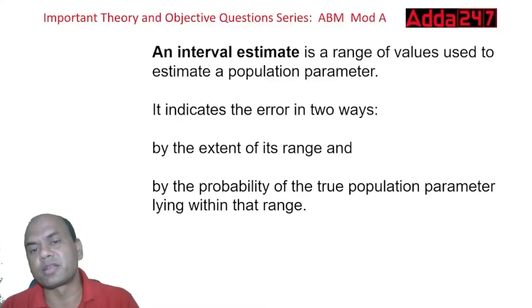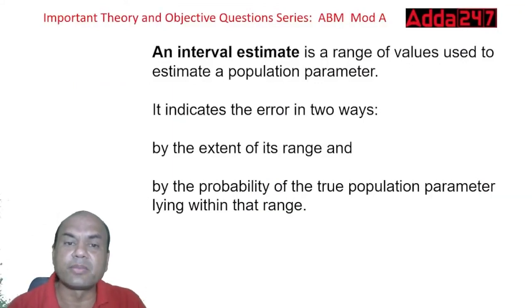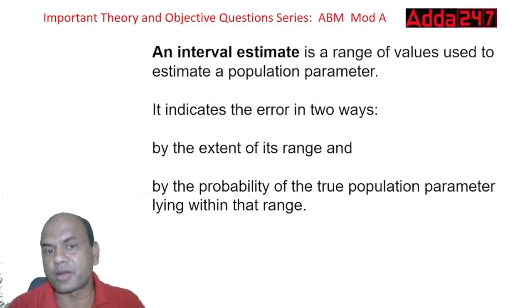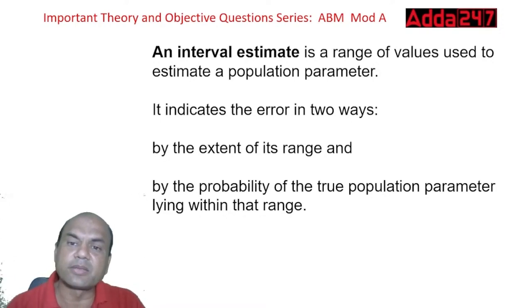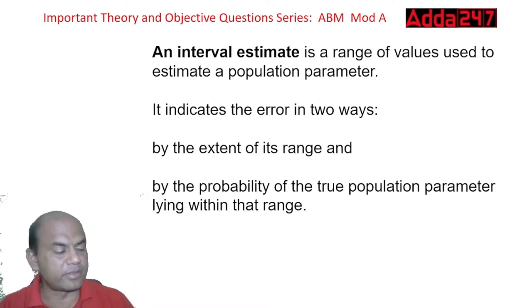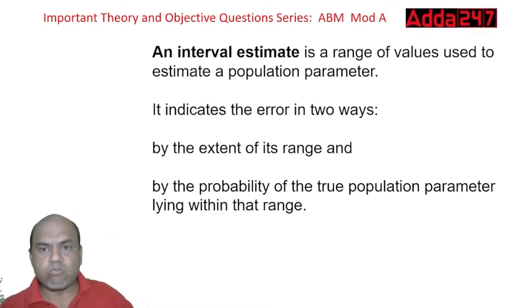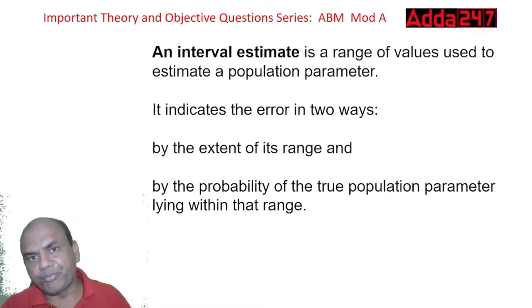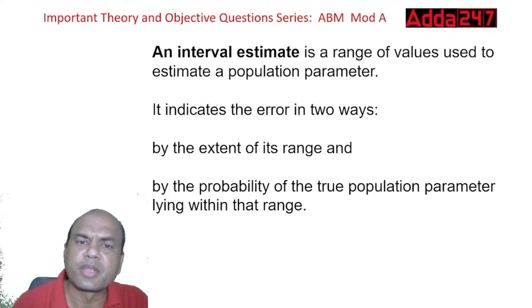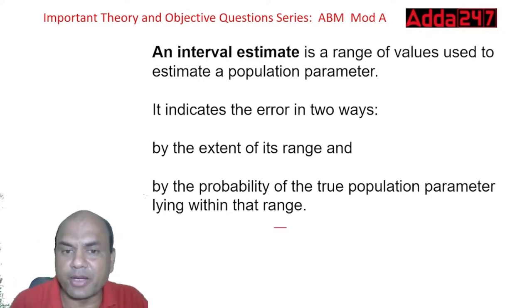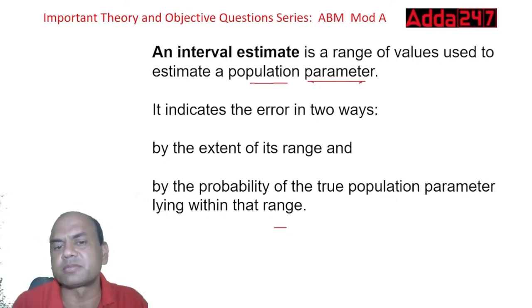Now some theory part. An interval estimate. Now this is regarding the estimation chapter. An interval estimate is the range of values used to estimate the population parameter. What do you mean by this? See here, you want this population parameter. Always remember this word parameter is always attached to population.